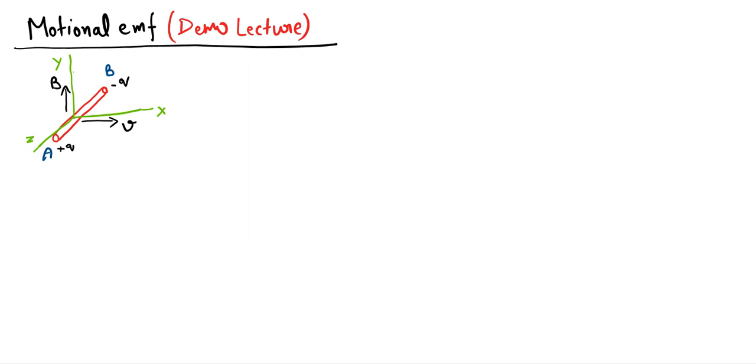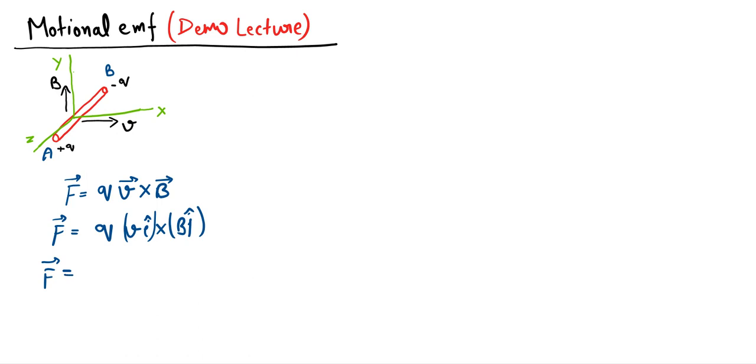So when the conductor is moving in the field, the force on a positive charge present inside the conductor is given as F equal to Q V vector cross B. So F equals Q V i cap cross B j cap.